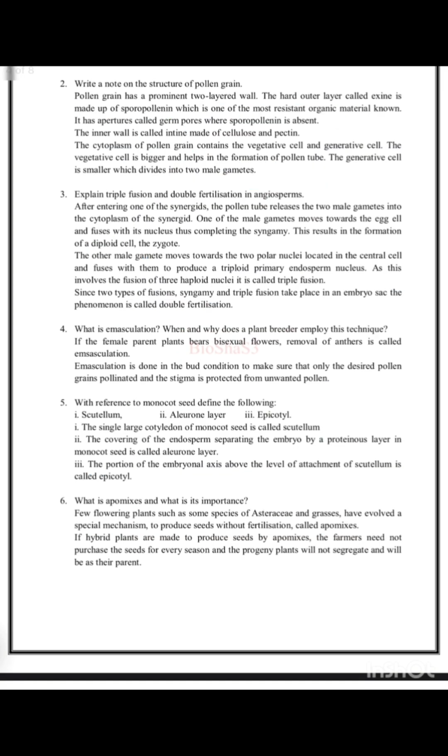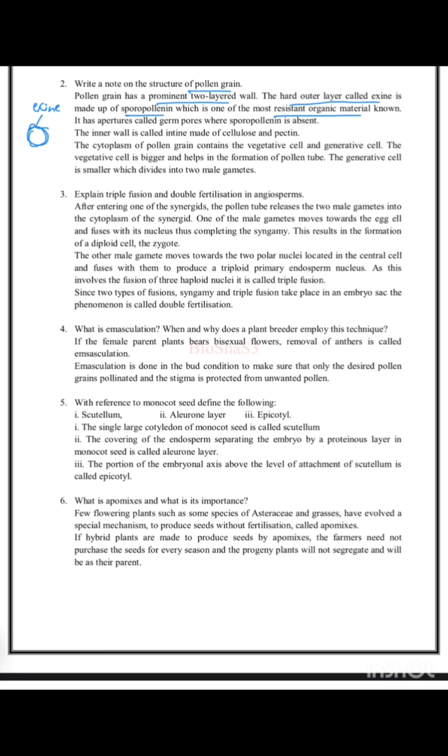Write a note on the structure of pollen grain. Pollen grain has a prominent two-layered wall. The harder outer layer is called the exine. Suppose if this is a pollen grain, the outer wall layer is the exine, made up of sporopollenin, which is one of the most resistant organic materials known. It has an aperture known as a germ pore.